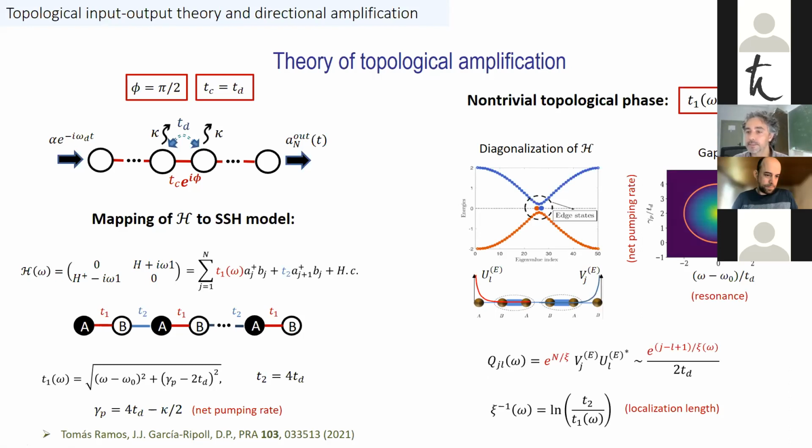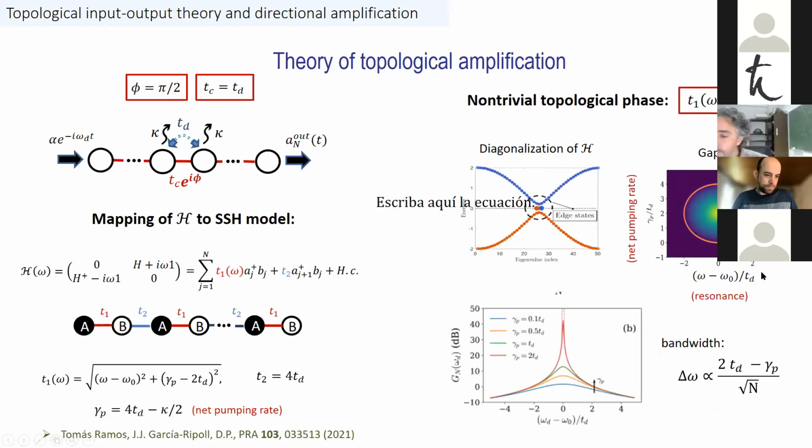And this allows me also to predict under what conditions this system is going to behave as an insulator, and calculate also the exponent for amplification, which is actually related to the exponent of the edge state of the SSH model.